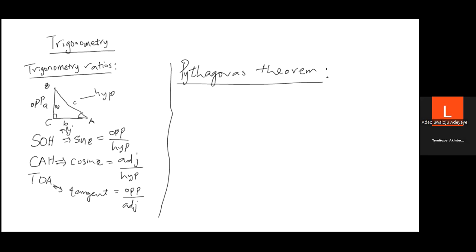Opposite squared plus adjacent squared equals hypotenuse squared. For all triangles? For right angle triangles. Because that theorem does not hold for every triangle. So this is the appropriate way to state it.